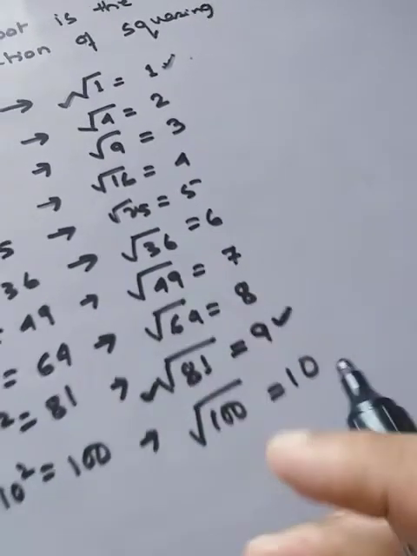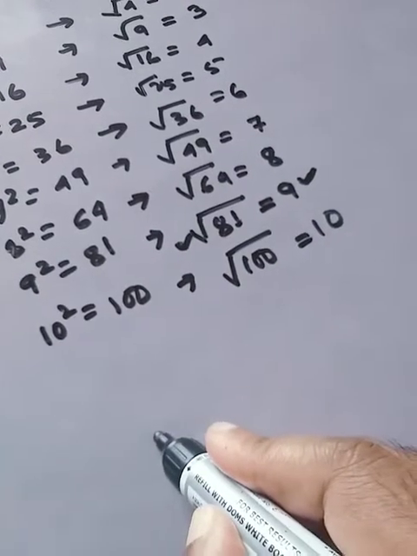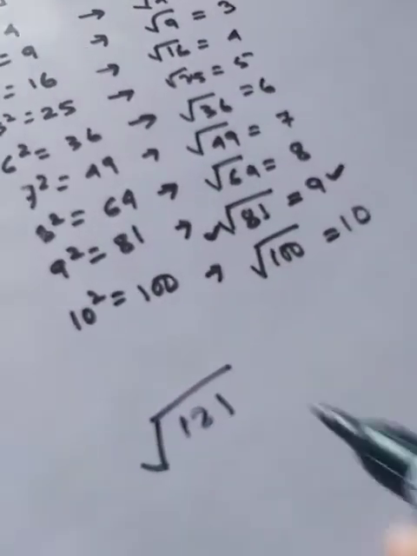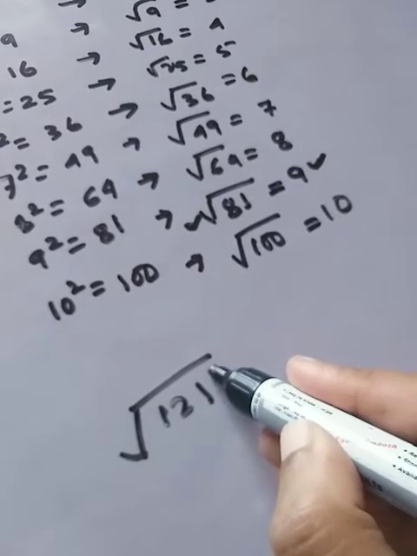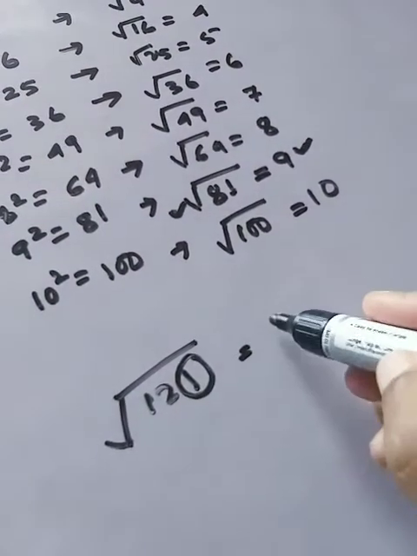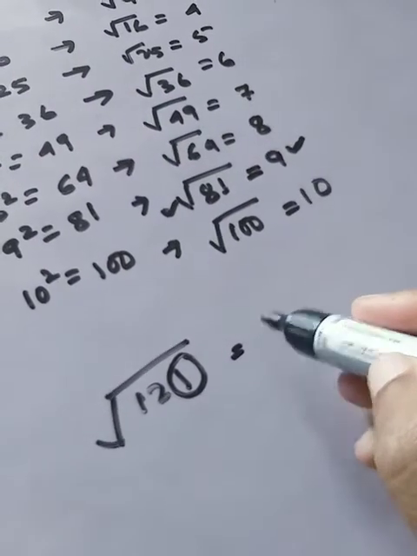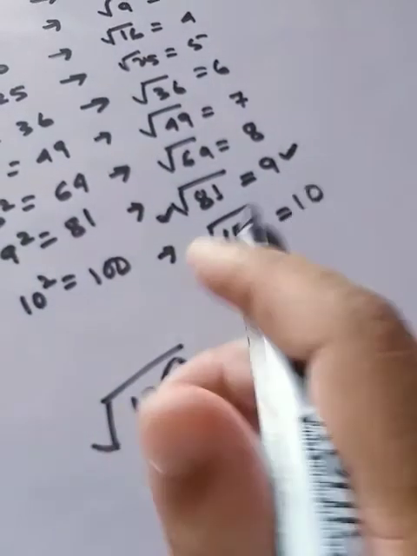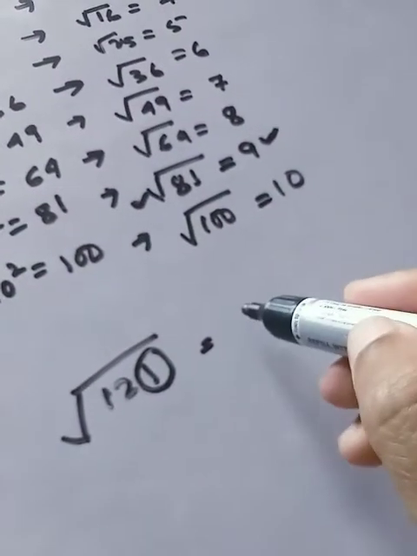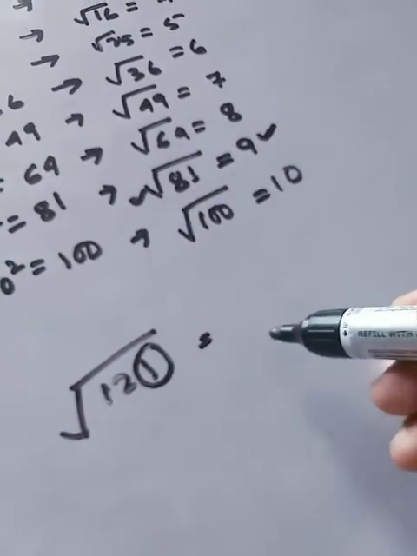Understood? Suppose 121. Okay, so this number is also carrying 1 as a unit digit number. So this number will have some square root. Okay, so the square root of this particular number which is carrying 1 as a unit digit number could carry 1 as a unit digit or 9 as a unit digit.